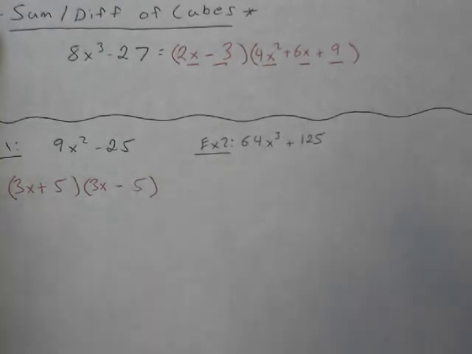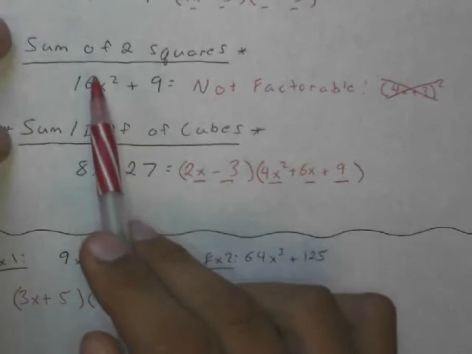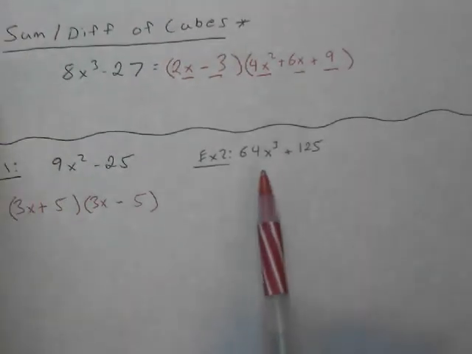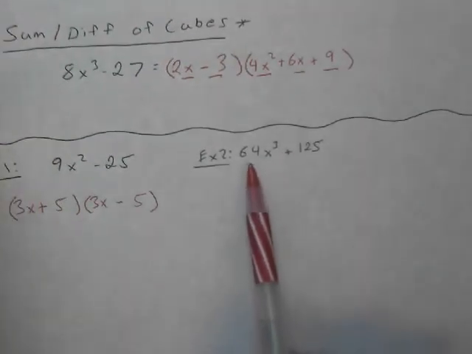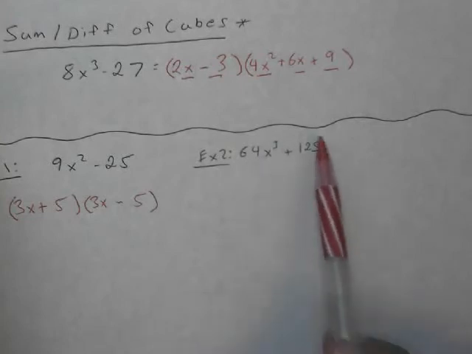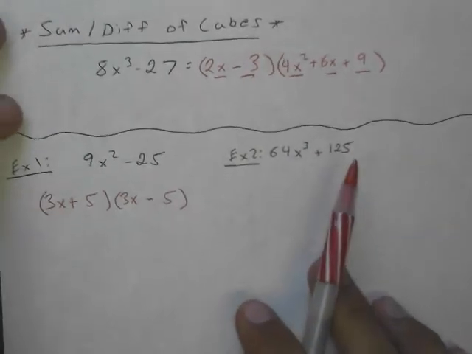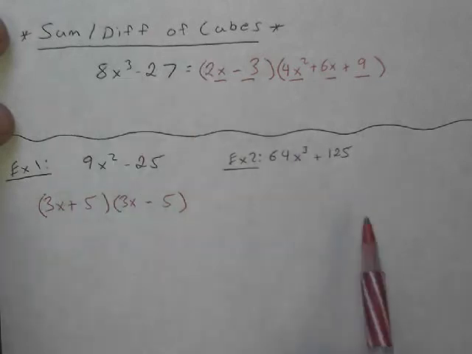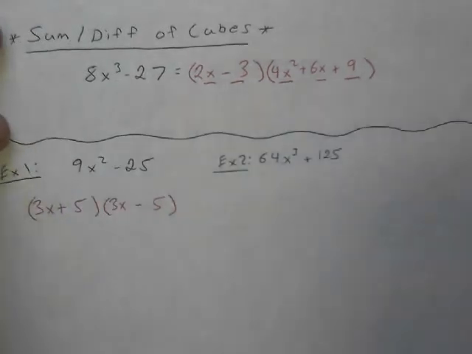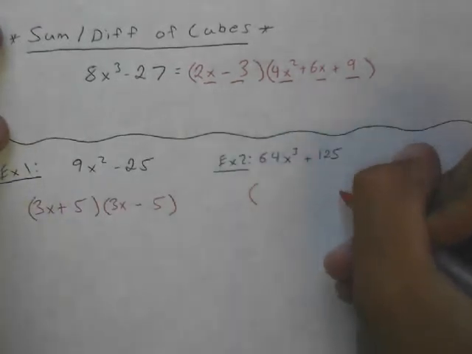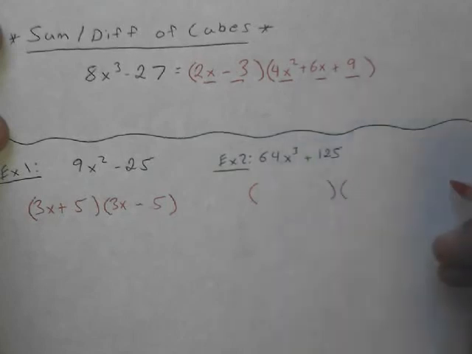For this over here, now I notice I have a sum. Is this a sum of two squares that is not factorable? No. 64, yes, is a perfect square, but I have an x cubed and a 125. This is going to be a sum of cubes. So, as I recall, this is going to factor into a binomial times a trinomial.